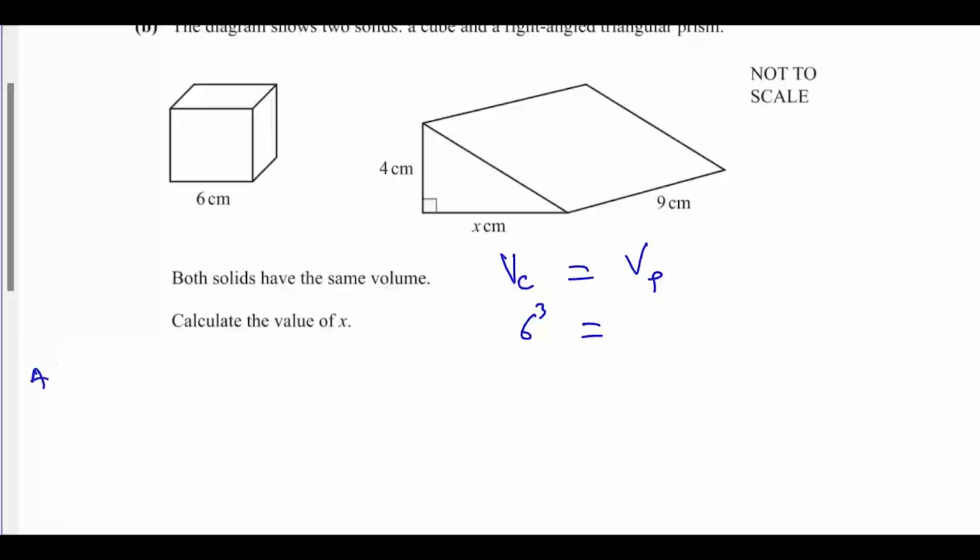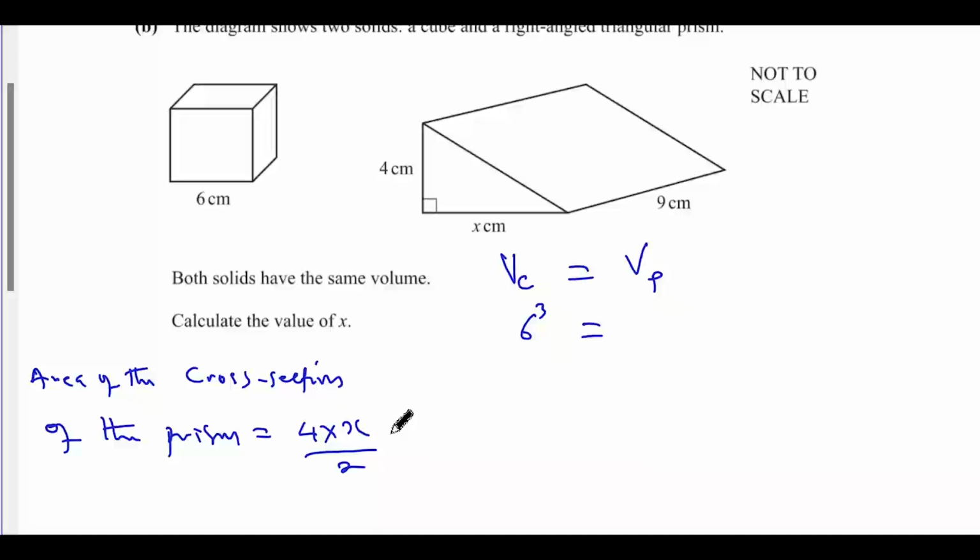So the area of the cross section of the prism will be equal to the area of a triangle. That will be 4 times x over 2. So this will be 2x. So this is the area.